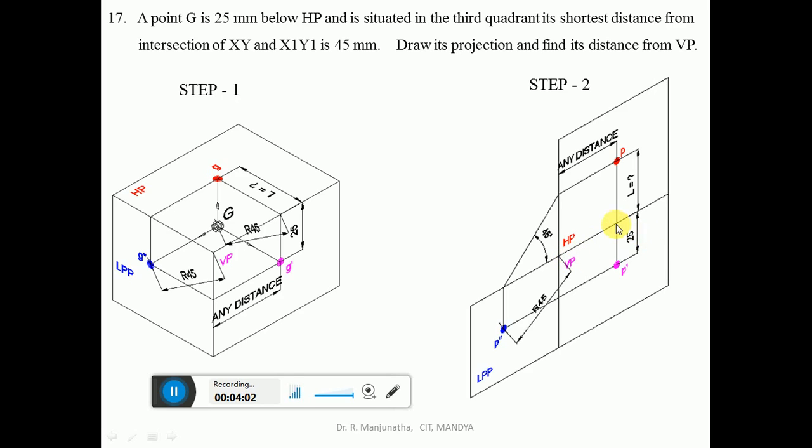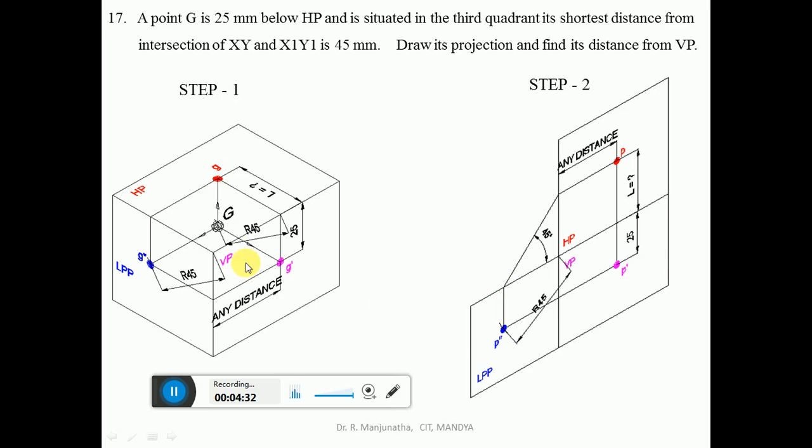So from here you measure a distance of 25 mm below the xy line, mark that point as G dash, and then draw a horizontal projector from the front view to the profile view, because when you look from the left side view, we can see the distance below HP in the profile view also. Since it is projected directly onto the profile view, naturally this distance is below HP.